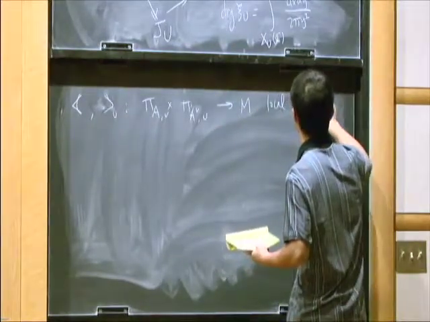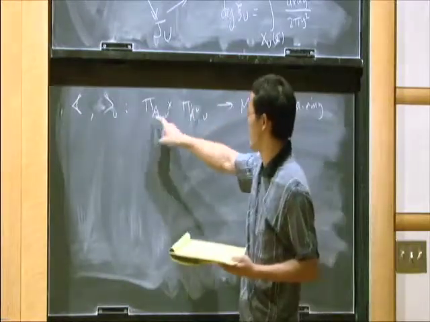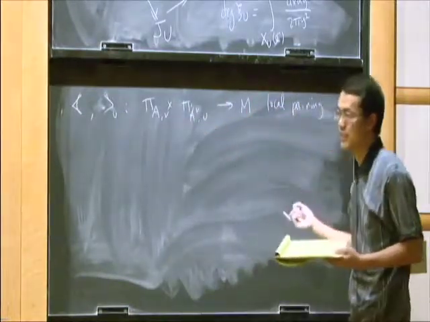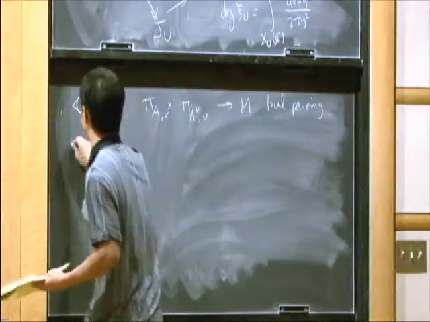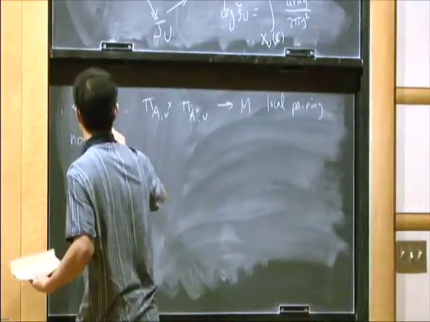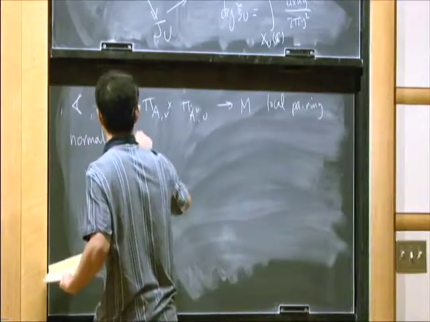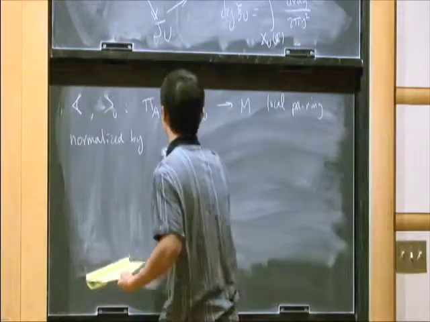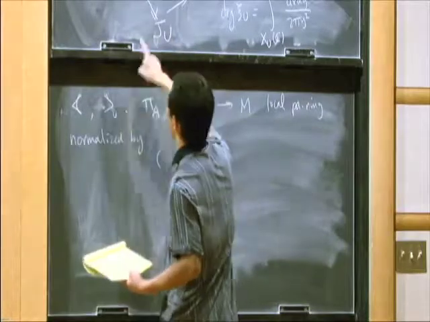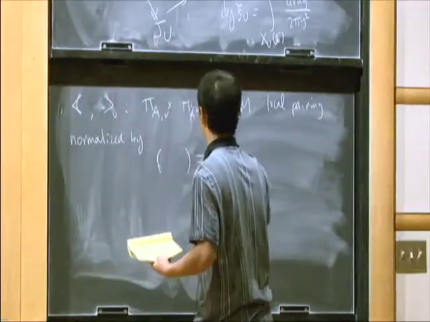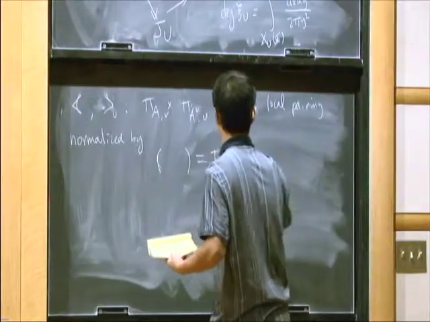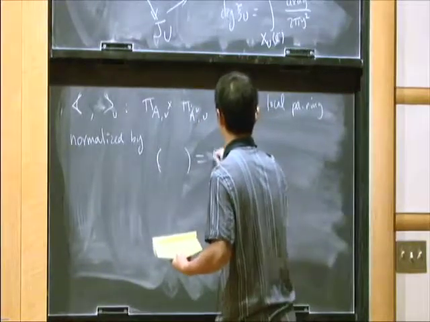Local duality pairing. By the global duality, we know those local group representations are also dual to each other. And now we normalize the local pairing such that the product gives the global one. So this is the global one. Oh, I use brackets, but here I use, sorry, this is tensor.